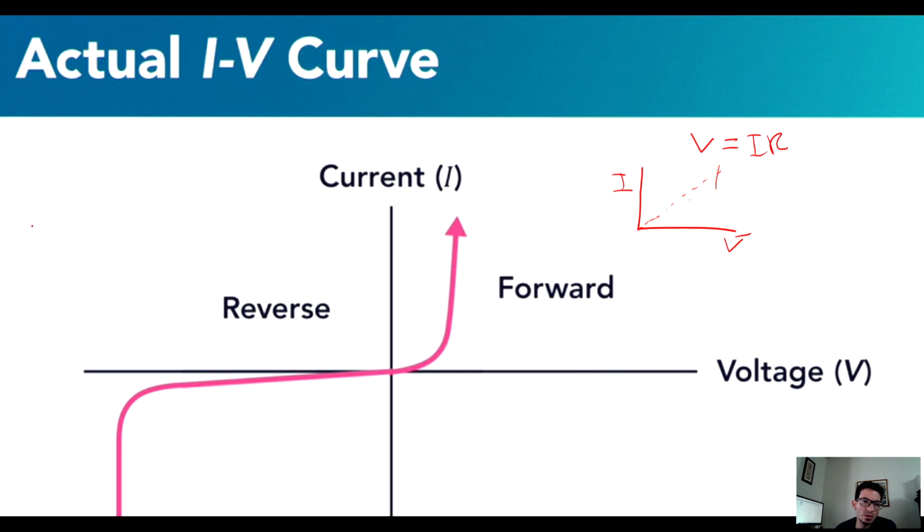So if you have a circuit where you have your diode, and let's say you have a resistor and a battery, and you have forward current, it will start increasing exponentially at a very small voltage. We'll see what this voltage is.